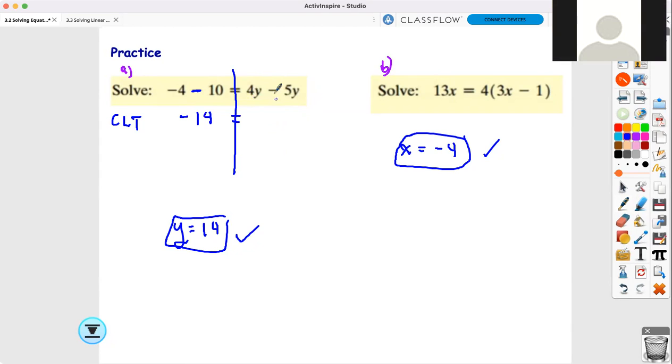You spend 5. So if you have 4 and you spend 5, what will be left over? Negative 1. What should we have? Negative 1y. There you go, sir.